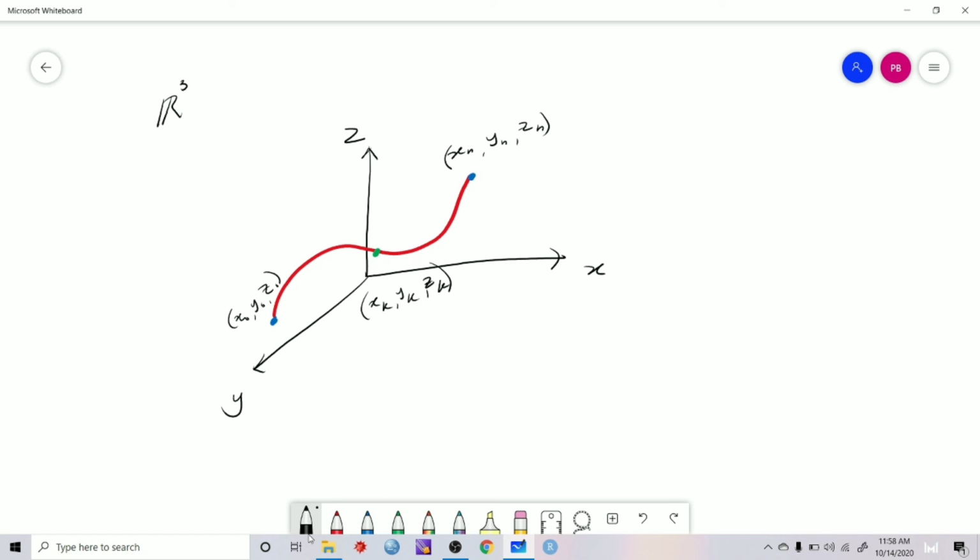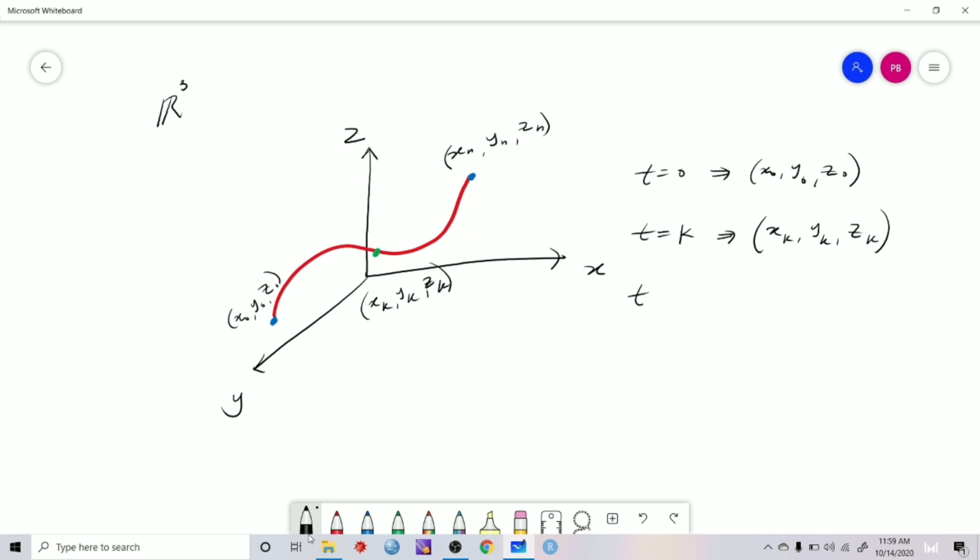Same argument as in R2. If we have t equal to 0, we are at the point (x naught, y naught, z naught). At t equal to k, we are at the point (xk, yk, zk).